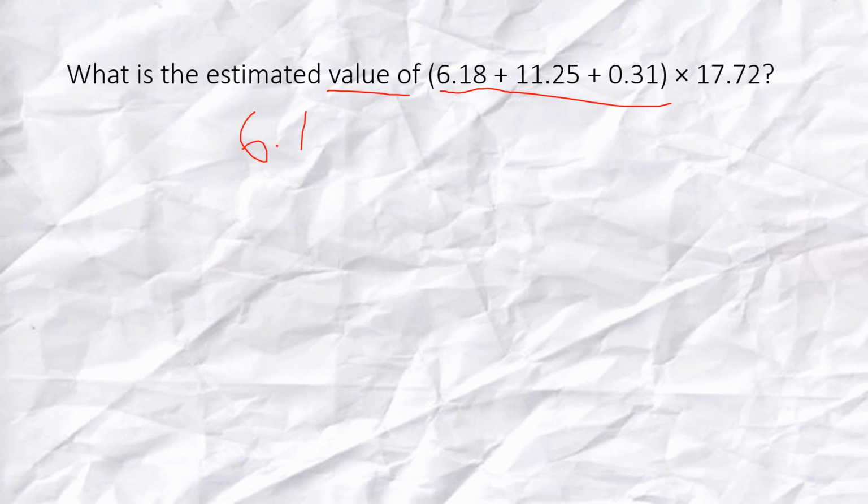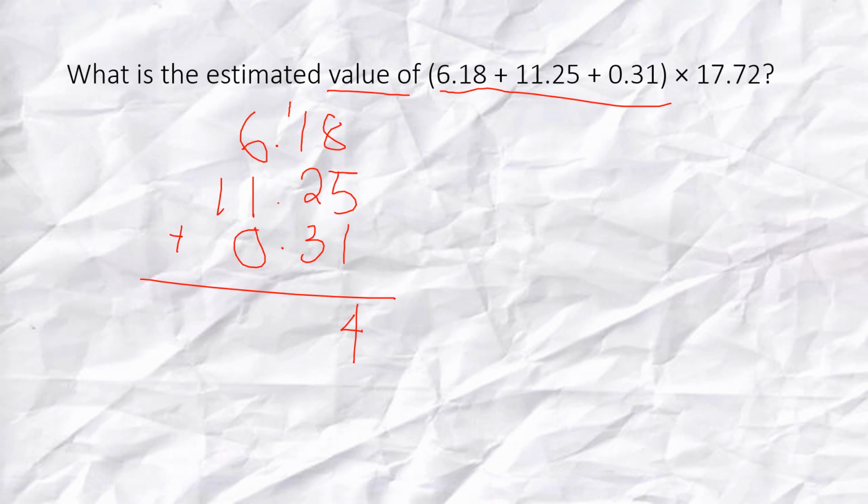So 6.18 plus 11.25 plus 0.31. 8 plus 5 is 13 plus 1 is 14. Regroup 1. 1 plus 1 is 2 plus 2 is 4 plus 3 is 7. 6 plus 1 is 7 plus 0 is 7. Bring down 1. So therefore, the sum of the given decimal numbers is 17.74.